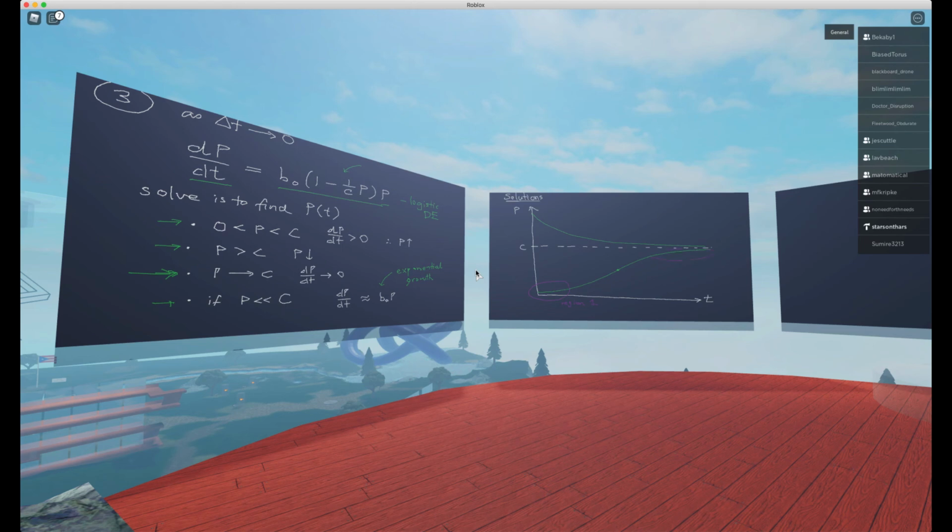This is region 2, sort of the tail end of that, where it's approaching the carrying capacity. This is region 3, which is the initial behavior of a solution above the carrying capacity. And this is region 4, the final sort of asymptotic behavior of such a solution. And I will ask you some questions about that later.